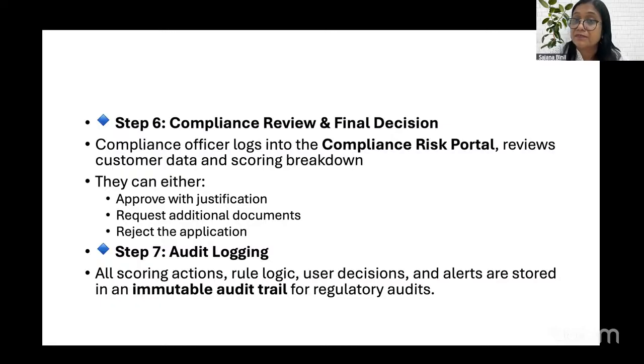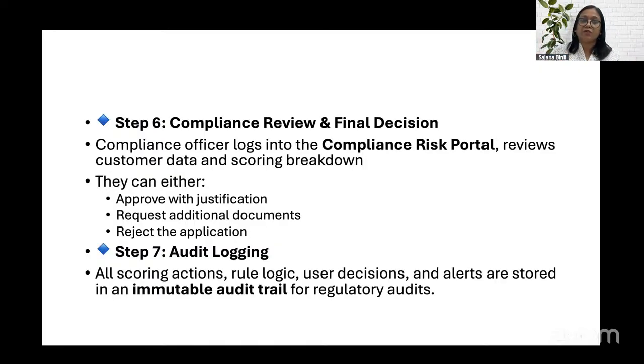Step 6, which is compliance review and final decision. Compliance officers log into the compliance risk portal and review customer data and scoring breakdown. They review all the scoring that's given by the system, and they can either approve or reject, or they can ask for additional documents. And step 7 is the audit logging, which I told you we didn't have in the manual process.